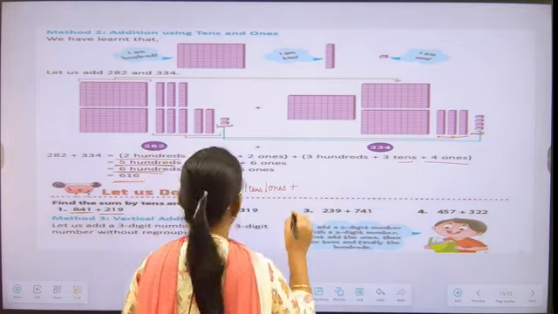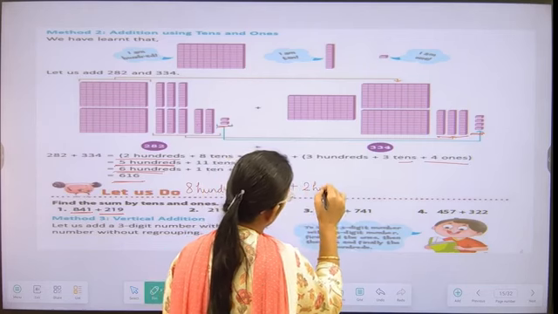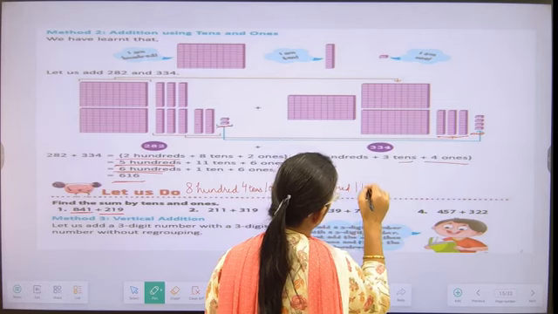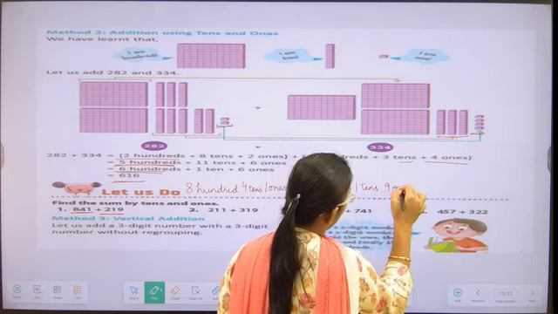Add with 200, and how many tens? 1 tens and 9 ones.